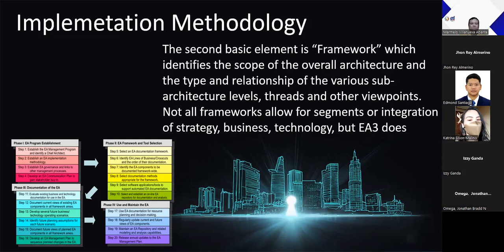Documentation. It evaluates existing business technology for documentation for use in EA, documents current use of existing EA components in all framework areas, develops several future business technology operating scenarios, identifies future planning assumptions for each future scenario, documents future views of planned EA components in all framework areas, and develops an EA management plan to sequence planned changes in EA.